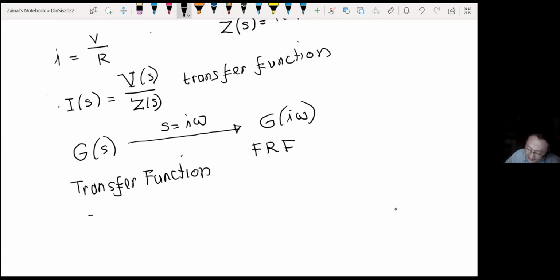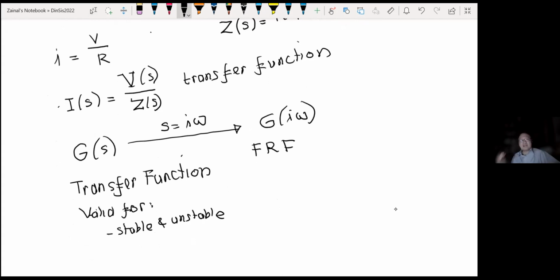This one is valid for stable and unstable systems.